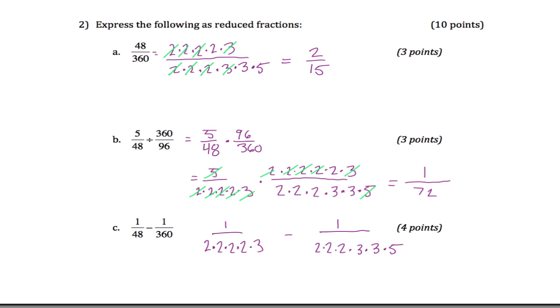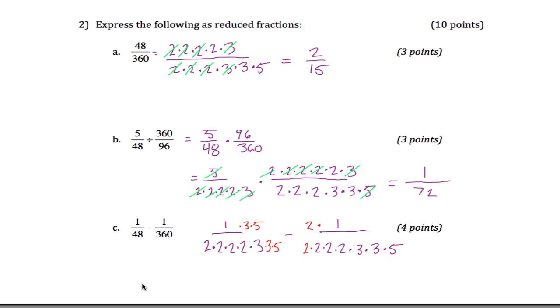Then we have to figure out what to add in to make our denominators the same. Over here we almost have everything. We have enough 3's, we just need one more 2. So I'm going to multiply this side by 2 over 2. And on this side, we have enough 2's, but we need one more 3 and a 5.